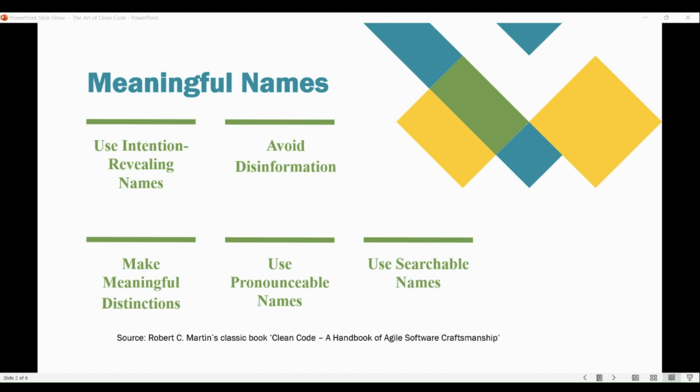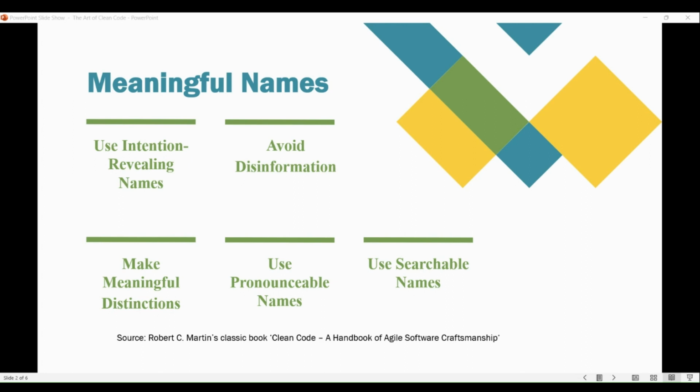And the first point is use intention revealing names. It sounds simple, but it's a bit difficult thing to practice. Some people are horrible at naming things, and when they fall in your team, it's nothing short of a nightmare. So, the idea is that the name of a variable, a function, a class, or any entity in your program should answer all the big questions.